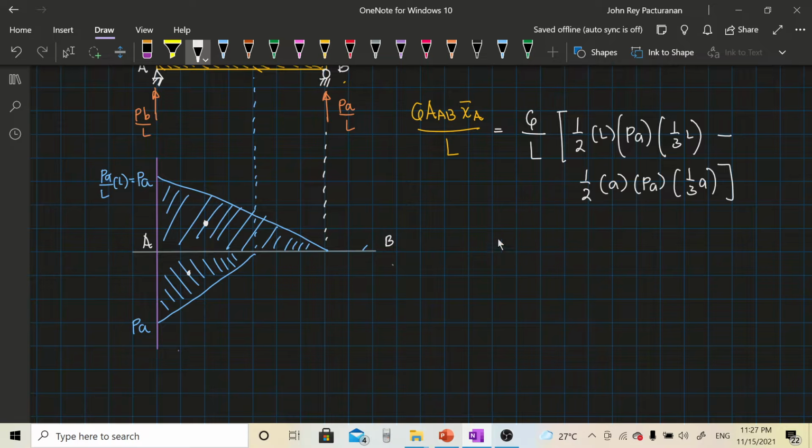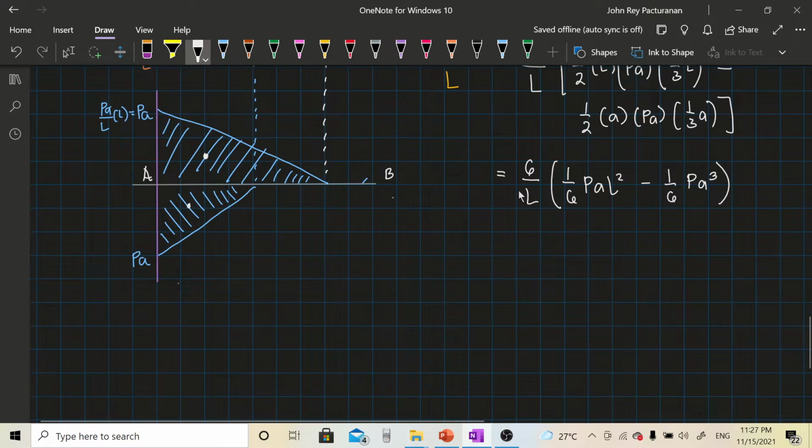Okay, so when we simplify this, that will be 6 over L, and that is 1 over 6 ng PA L squared minus 1 over 6 ng PA cubed. Okay? So, I already simplified that. And kung mapapansin nyo, dahil may 1 over 6 siya, makakancel lang yan and we can factor out PA on both sides of the equation.